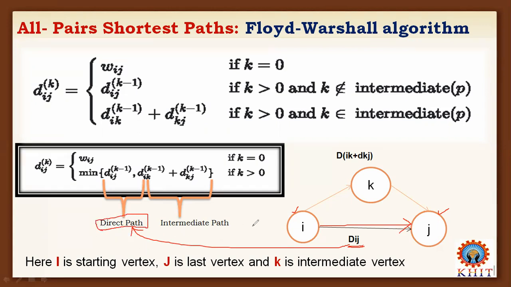Okay. Next, if you want to move from vertex I to vertex j through an intermediate vertex that is called k.